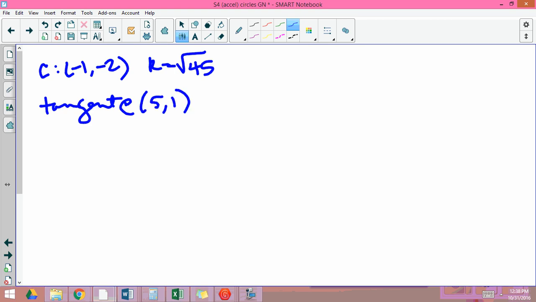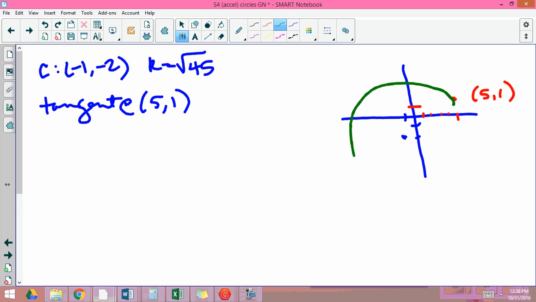So let's just sketch, just super rough. Here's my center right here. I'm going to go 1, 2, 3, 4, 5, 1. That's where we're going to touch. So my circle looks something like yay.